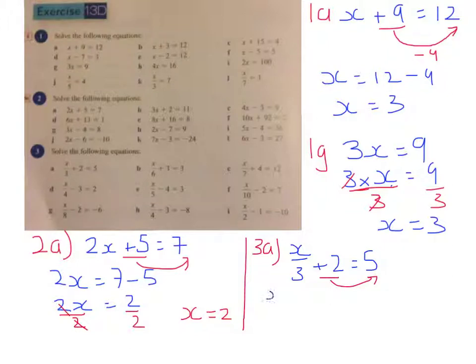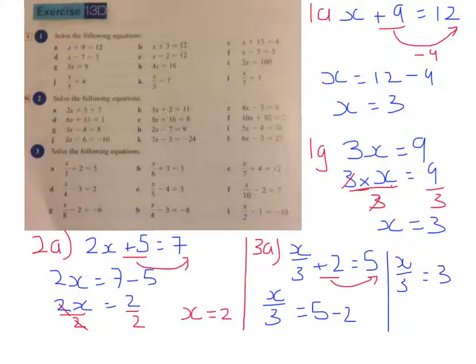It's a positive 2, and when it goes over to this side, it becomes a negative 2. Sorry, running out of room over here. So I've got x over 3 equals 5 take 2, which is 3.